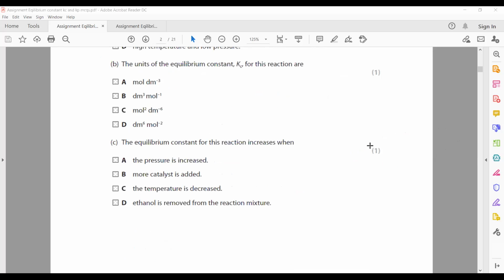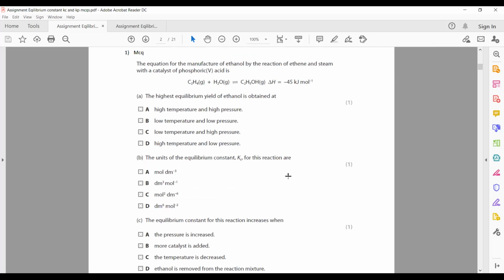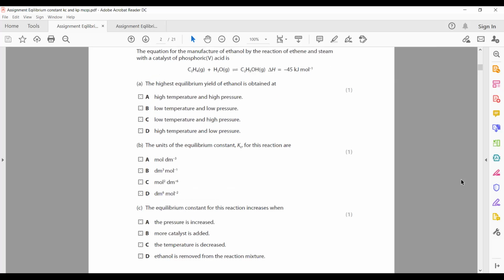The equilibrium constant for this reaction increases when, meaning the value of Kc. For an endothermic reaction, increasing the temperature increases the value of Kc. For an exothermic reaction, decreasing the temperature will increase the value of Kc or Kp. So how is the value affected?